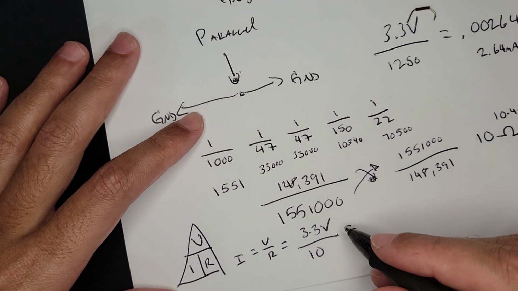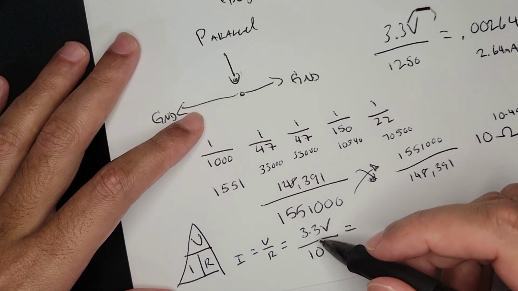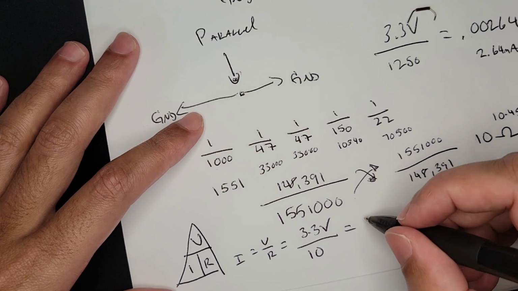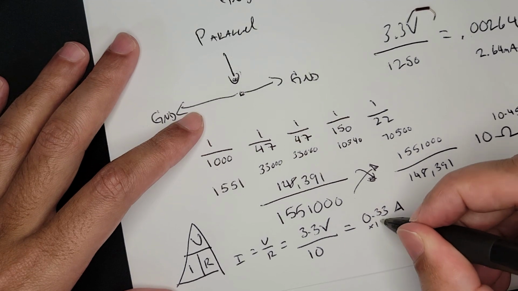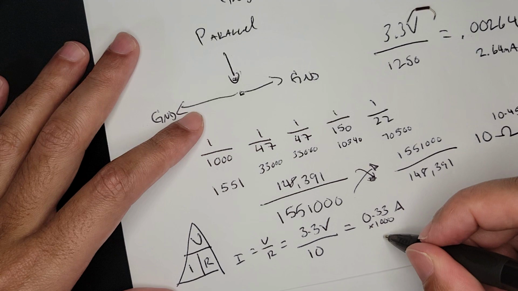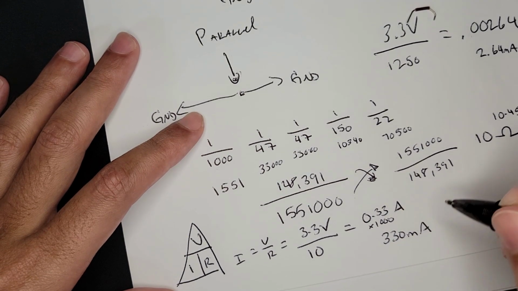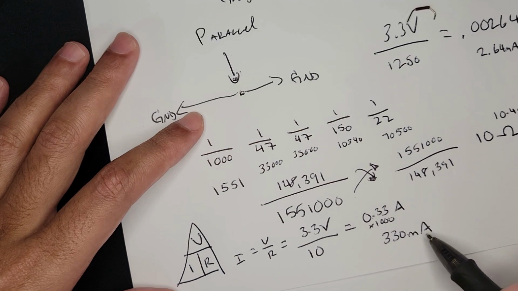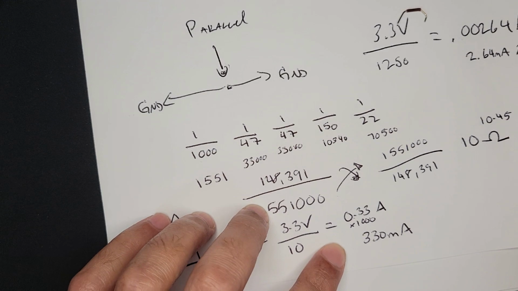And we get 0.33 amps. And we times by 1,000 to get milliamps. And we get 330 milliamps. So we should be reading 330 milliamps.